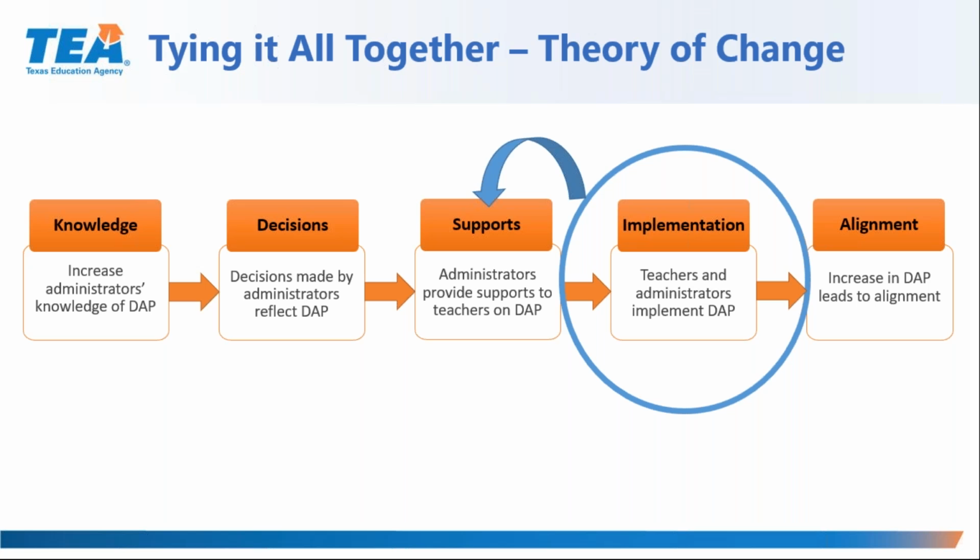And those administrators are going to be making decisions based on developmentally appropriate practice, because based on what NAEYC says and TEA's program self-assessment, having free choice learning centers in the kindergarten classroom and providing opportunities to learn through play is in fact tied to developmentally appropriate practice. So by building knowledge base in our administrators, they are then able to support their teachers in being able to implement centers in their room.